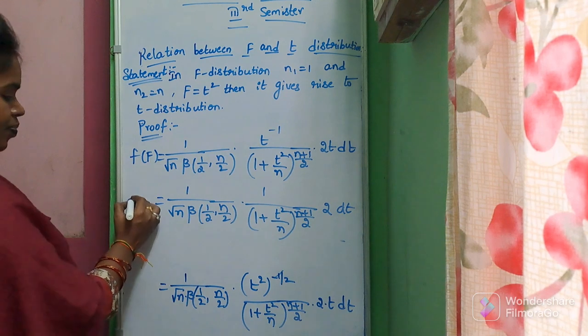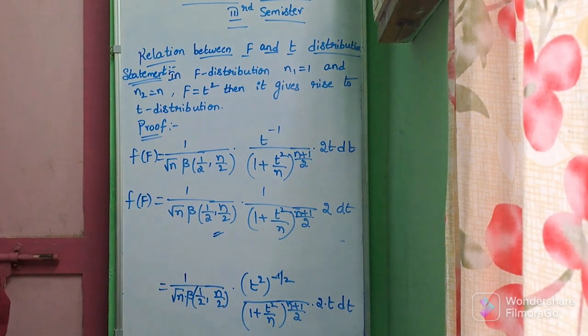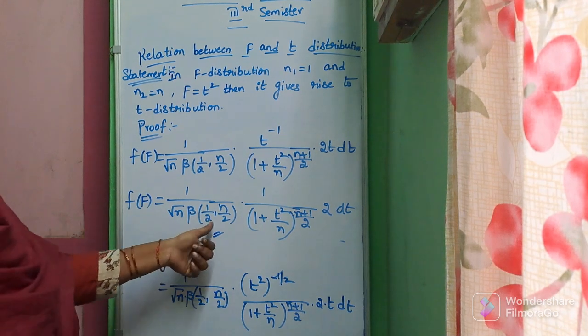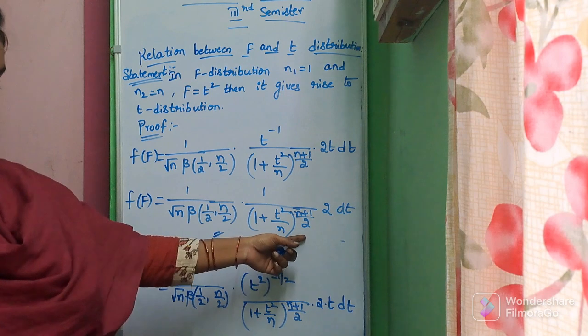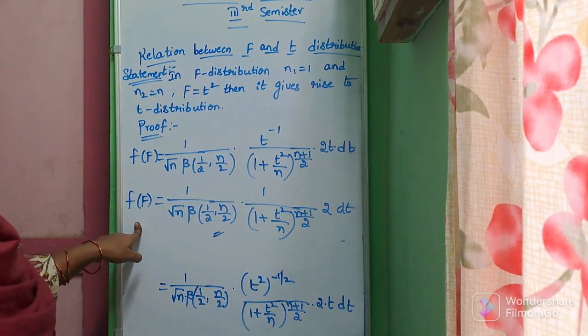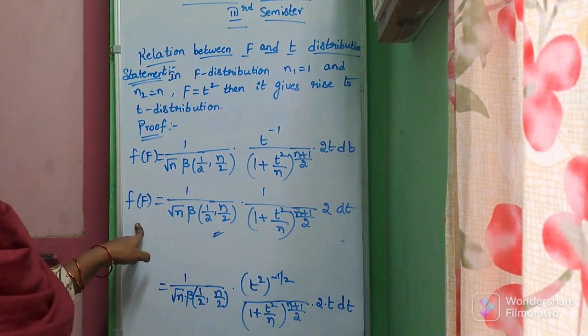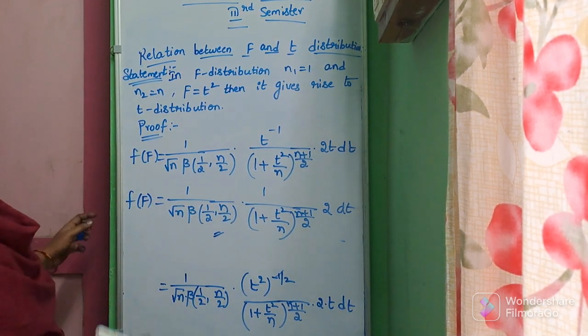So finally, f of capital F equal to 1 by root n into beta of 1 by 2 comma n by 2 into 1 by (1 plus t square by n) whole power (n plus 1) by 2 into 2 dt. Here this 2 factor will disappear, since the total probability is 1 only, so we don't take that 2 value.